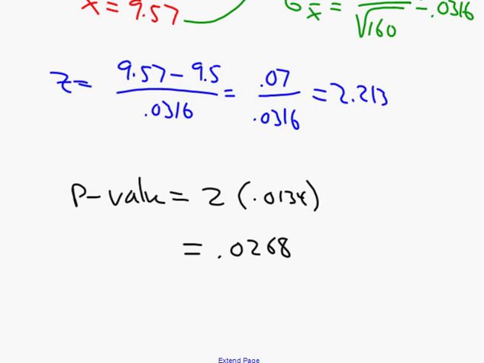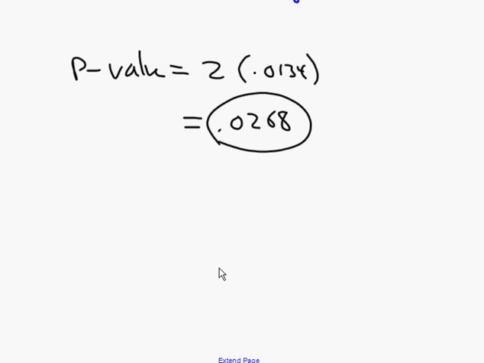The meaning of this p-value is this. This is the probability of observing an x bar of 9.57 or something more extreme, right? And then also plus the probability of observing an x bar that's 2.2 standard deviations below the mean or more extreme. So this is sort of like two areas added together.